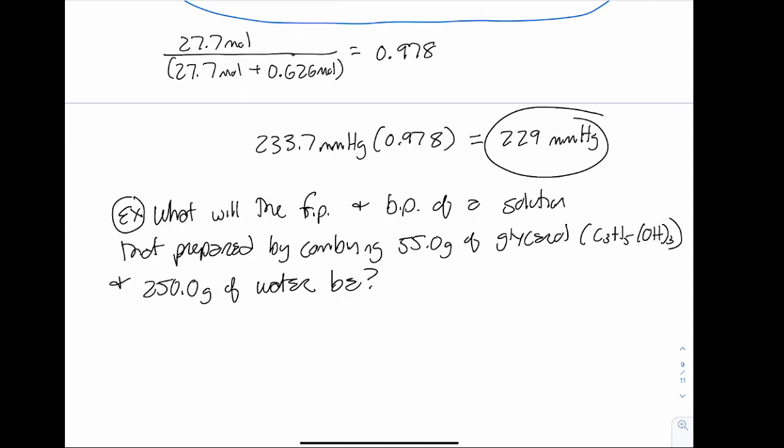It is an aqueous solution. We probably should have said that. Oh, we did. Sorry, grams of water.